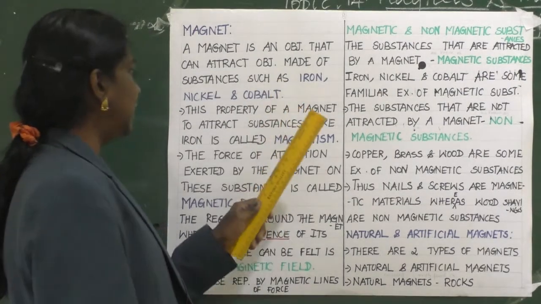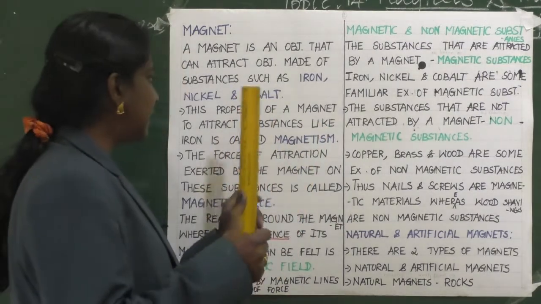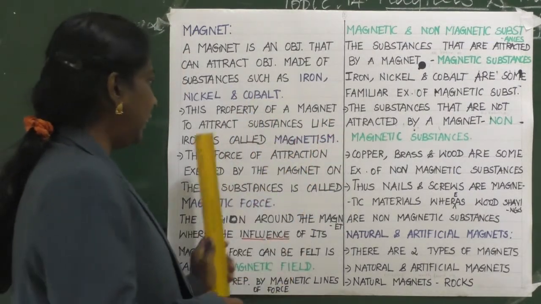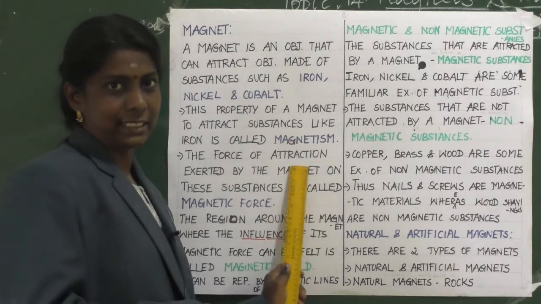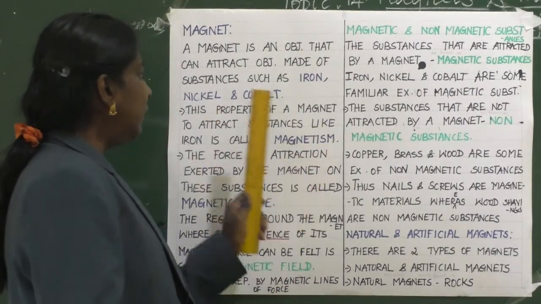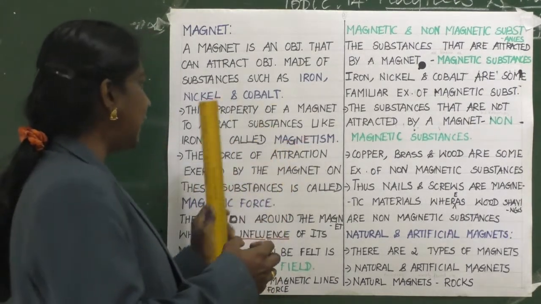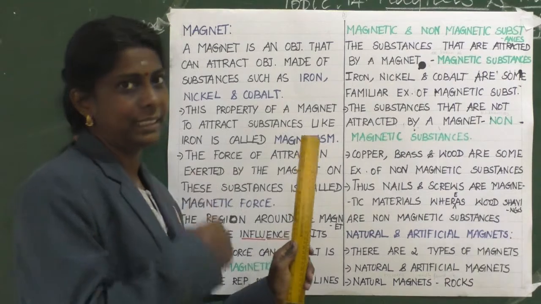This property of a magnet to attract substances like iron is called magnetism.